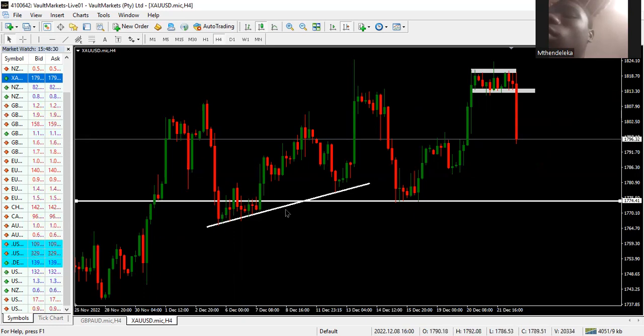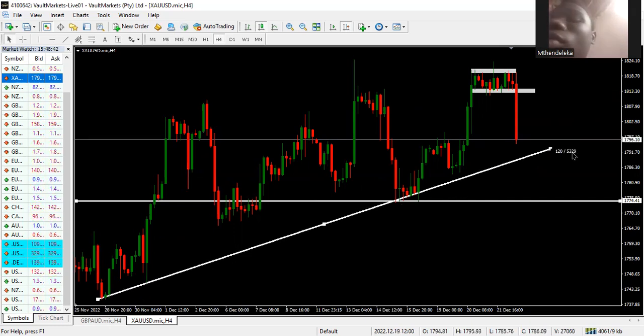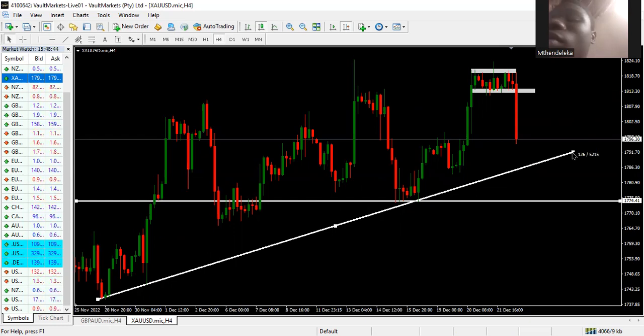Because if we add a trend line like this, we end up having something like this. Can you see it? So now what I'm going to do, I'm going to start here and go to the right hand side.